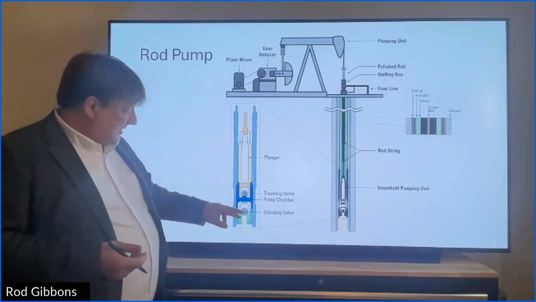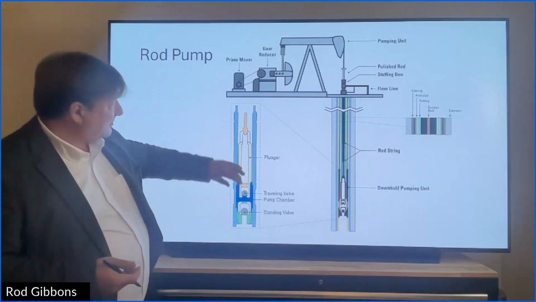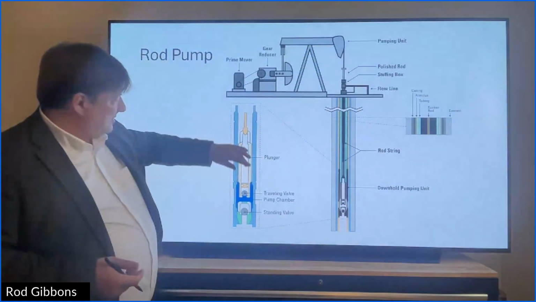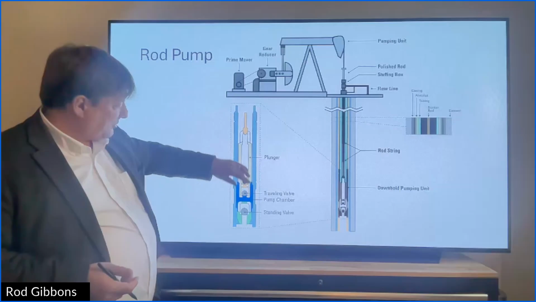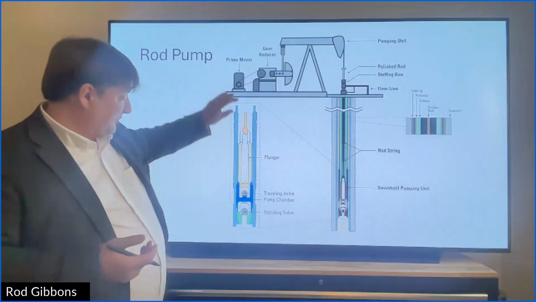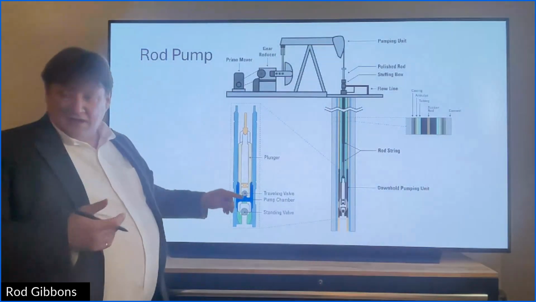As this pump jack goes up and down, this pump plunger goes up and down, and the traveling valve moves, and the standing valve stays in place.